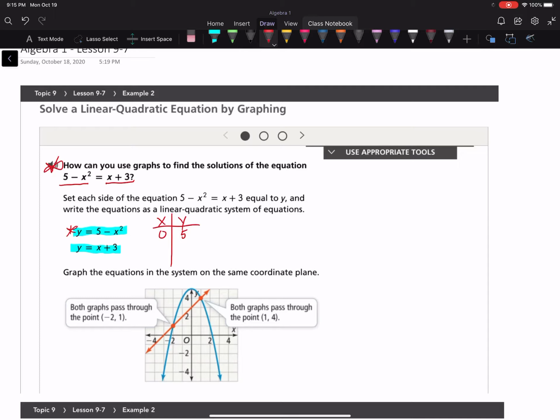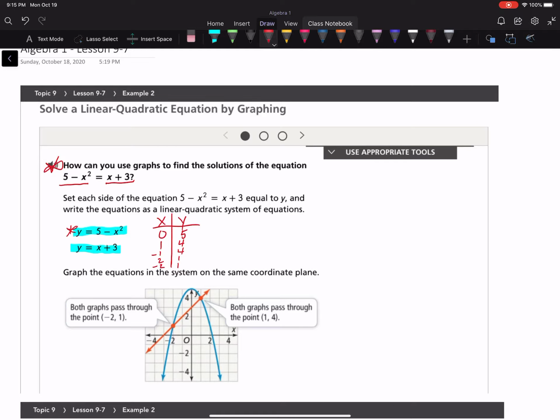And then if you just picked two random numbers, you could do 1 and -1 or 2 and -2, whatever you want to do. If you do 1 you will get 4, and -1 you will also get 4. If you do 2 you will get 1, and -2 you will also get 1 when you plug it in.